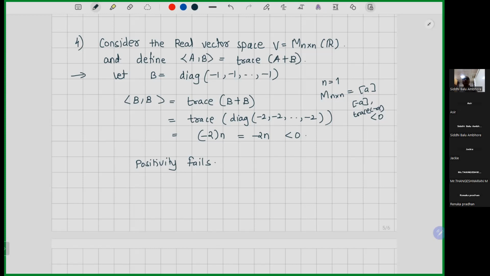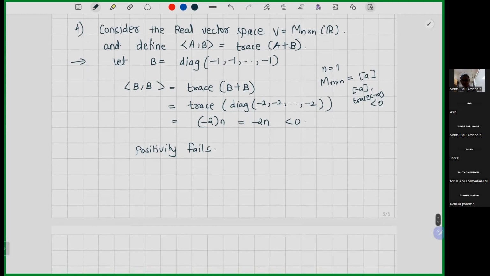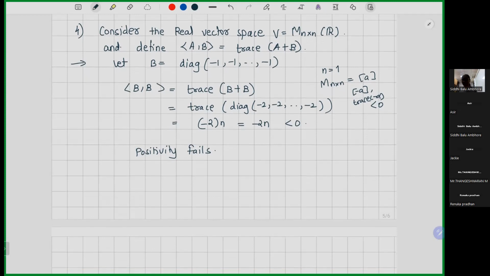Inner product of 0 with anything must be 0. You can take 0 outside and 0 times something. That will also create a problem here. So any doubts? I think it is clear now, right?